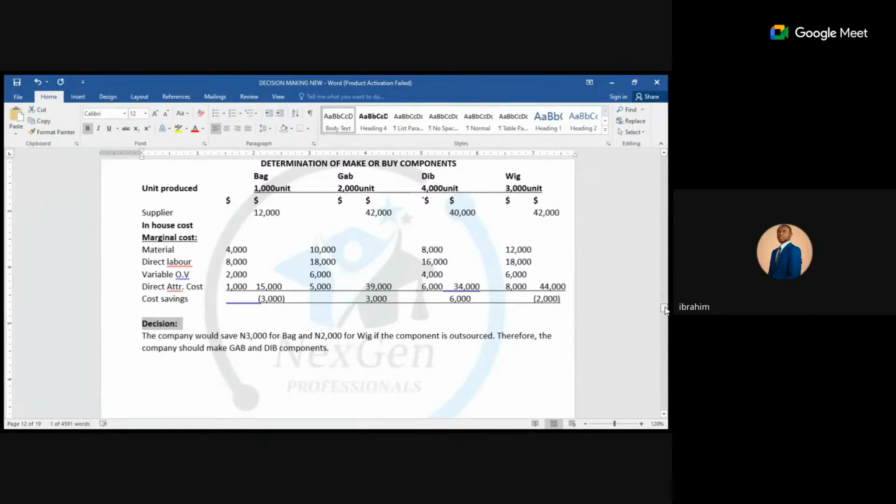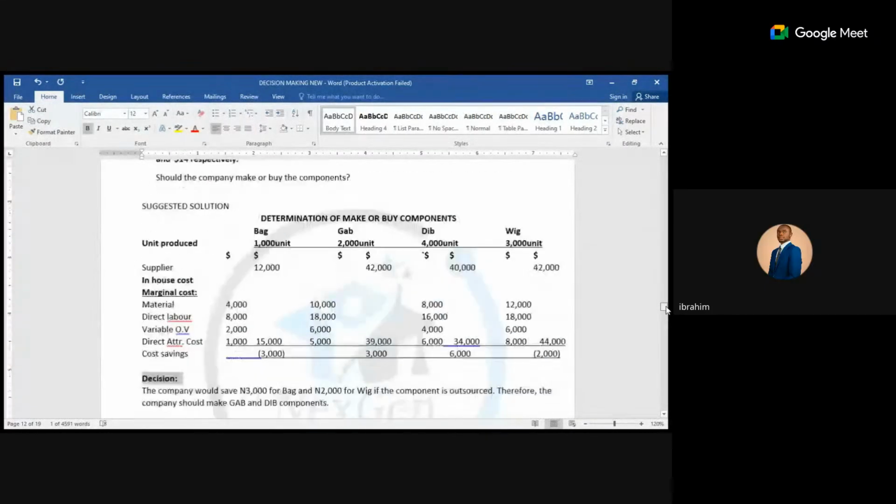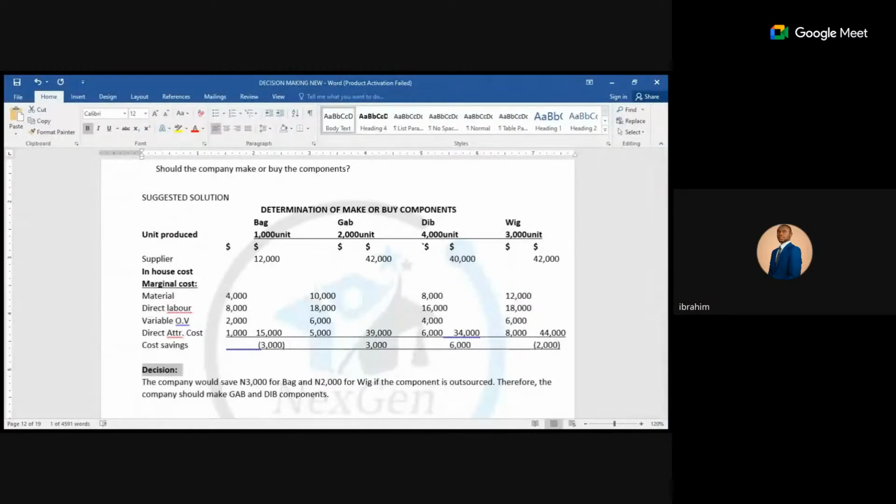So the advice is just for us to say. That is why I said in performance management, you need to understand the decision making. When you see a question under make or buy, the first thing that should come to your mind is what are we making, what are we buying?